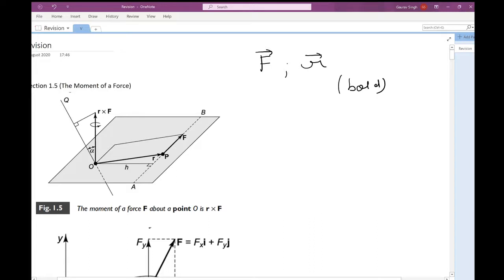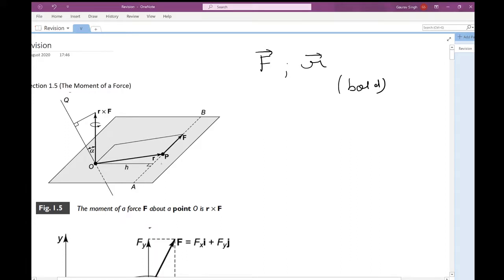In this figure, you have F, capital F, a force vector applied at a point P. Look at point P over here. Let me choose another color, let's go with green.